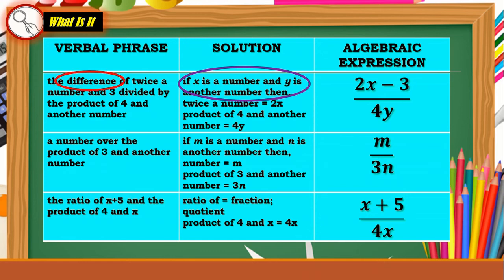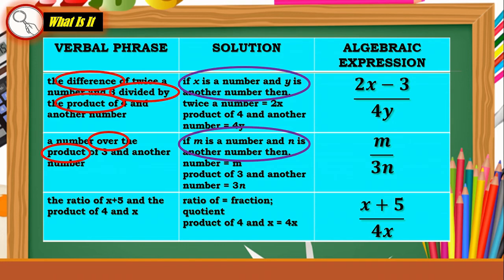And then, we also identify the operations that are going to be used. We identify the unknown quantities and represent them with variables, and identify the operations that will help us translate verbal phrases to algebraic expressions.